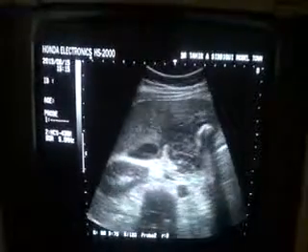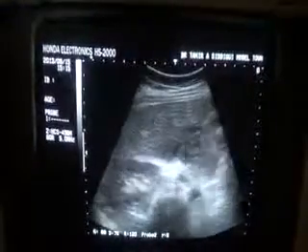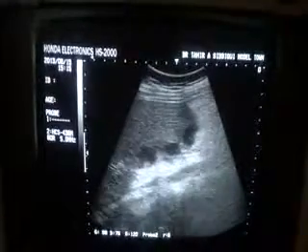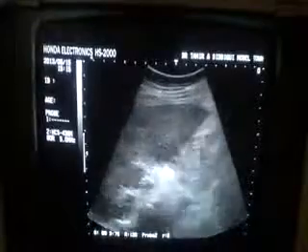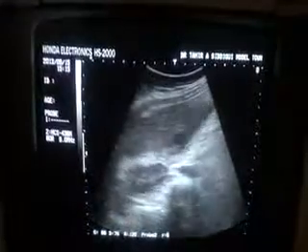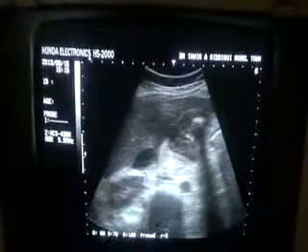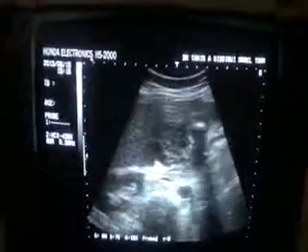Not only this, we do see a few cystic areas extending in the Morrison's pouch, along with this small amount of fluid.